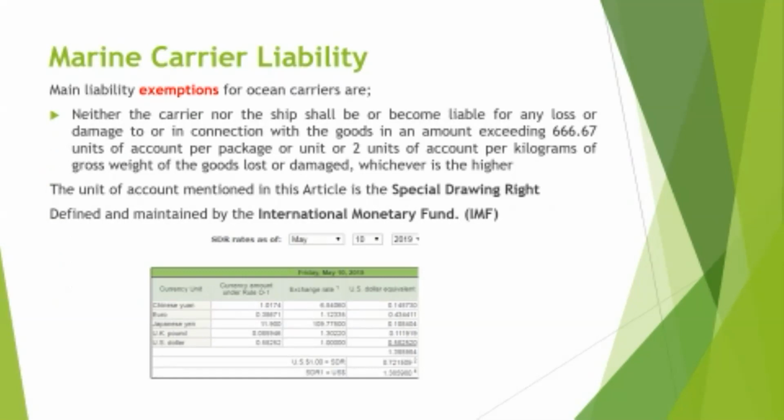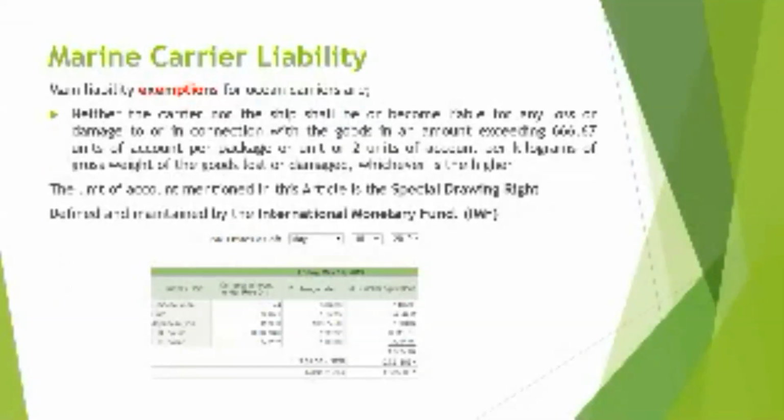Neither the carrier nor the shipper shall become liable for any loss or damage to or in connection with the goods in an amount exceeding 666 units of account per package, or 2 units of account per kilogram of gross weight of the goods lost or damaged, whichever is higher. So there is a limitation, a definition, and a certain payment method for any loss or damage.